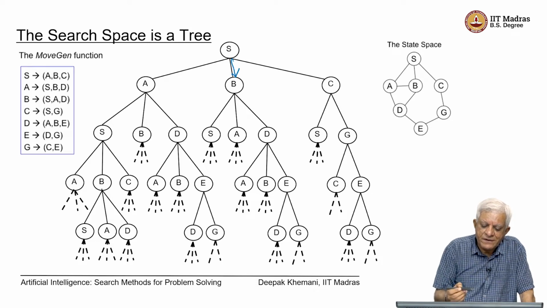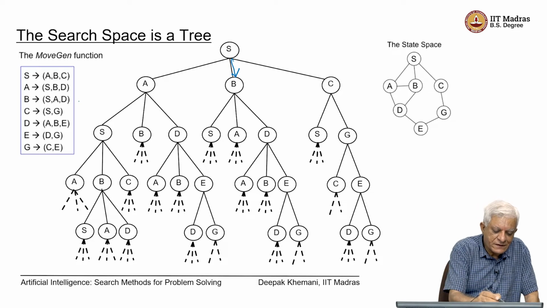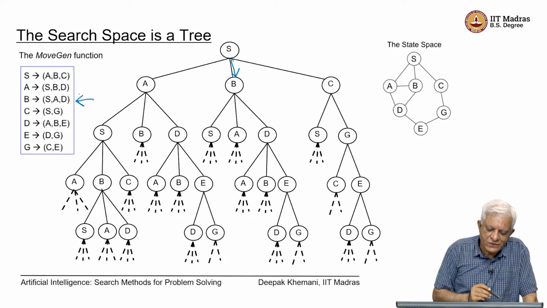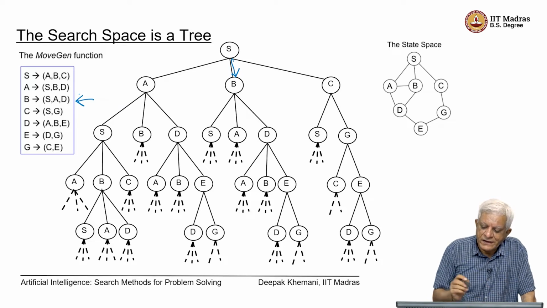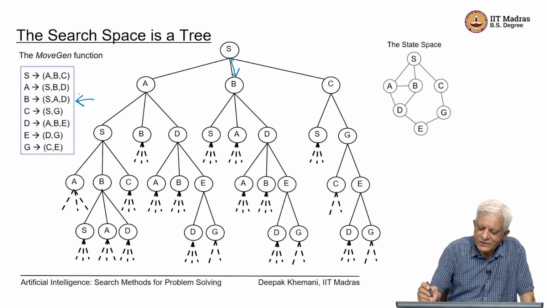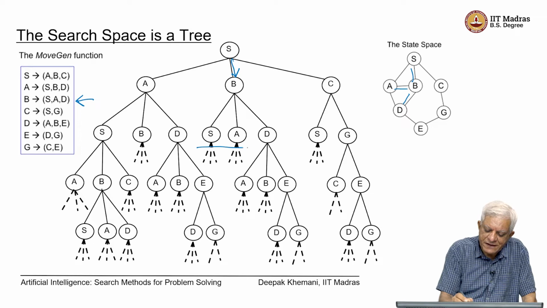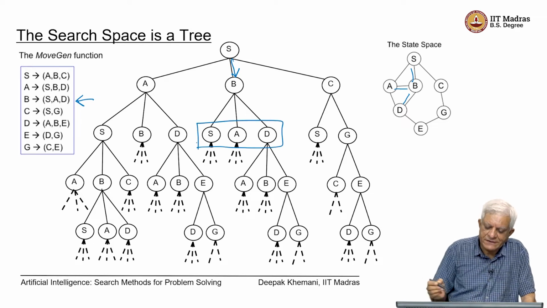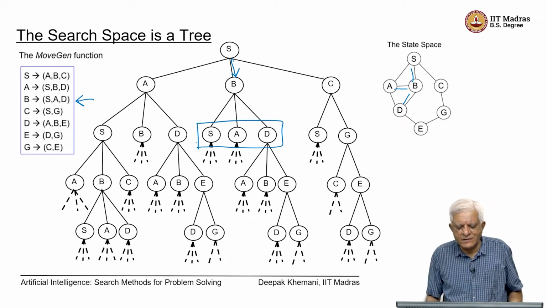What can you do from B? You look at the move gen function and it says you can go to either S or A or D. In the state space, those are the 3 neighbors of B, but in the search space they will come as 3 successors of B. We are talking in the most general way.